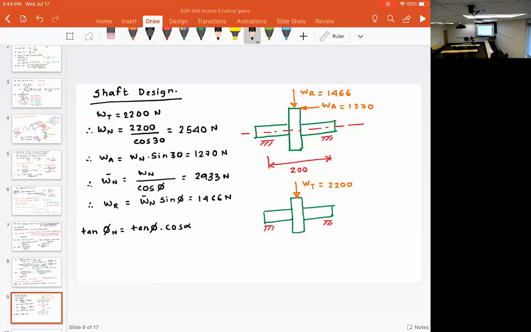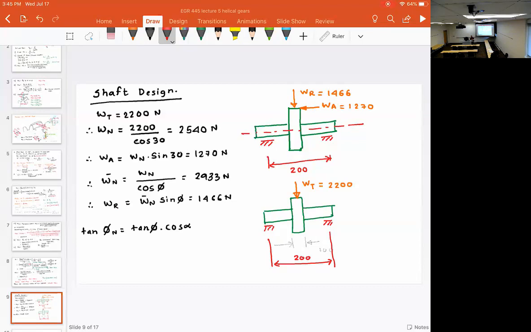Since we assumed the face width to be 100, I am saying the center distance between the bearings to be 200. This is my assumption.